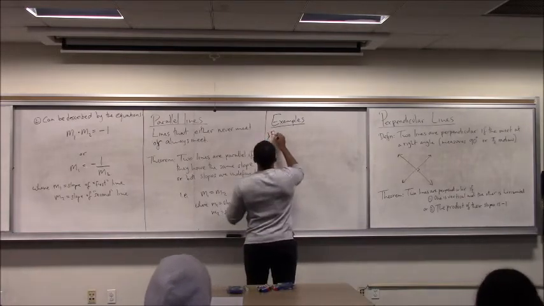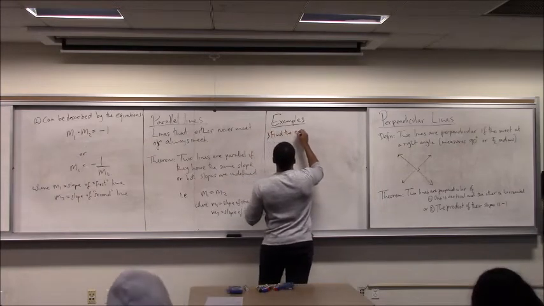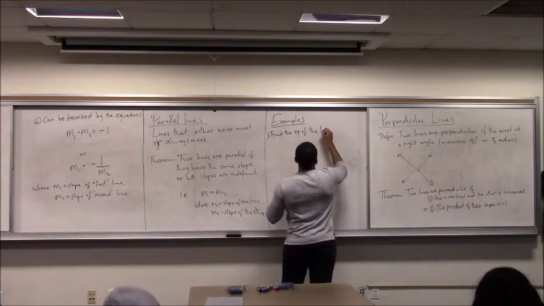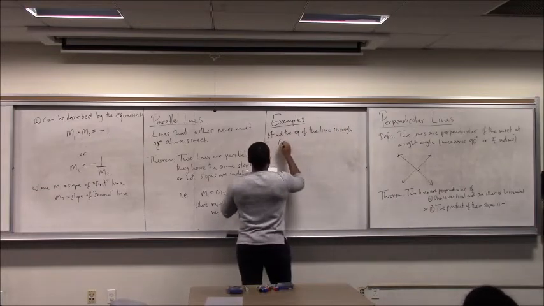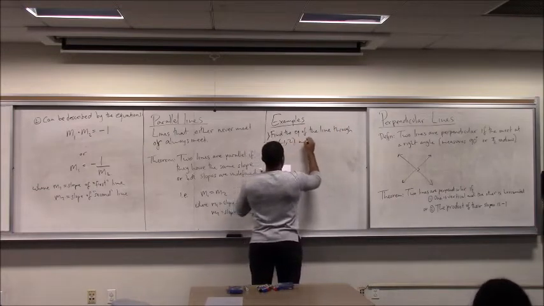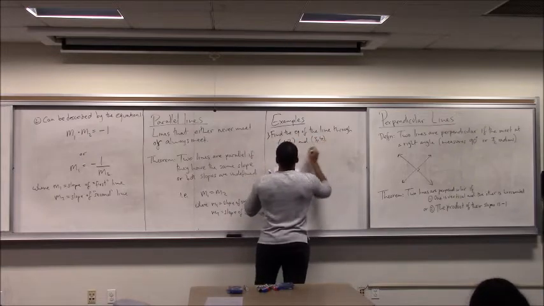1. Find the equation of the line that moves through the points (-1, 2) and (3, 2). 2.